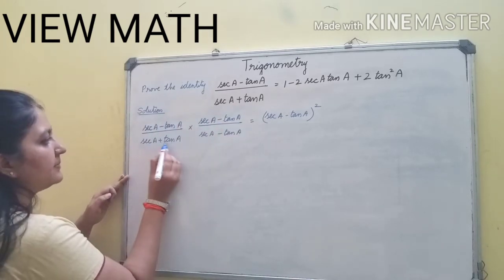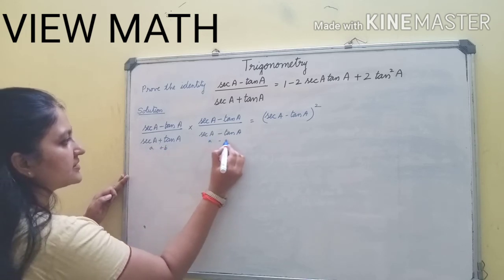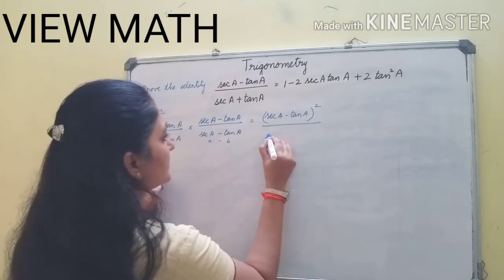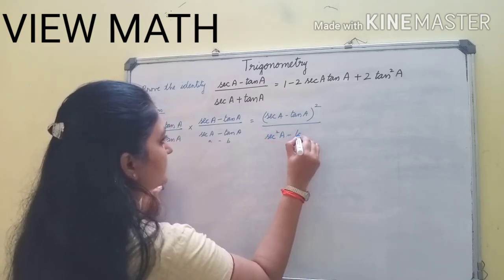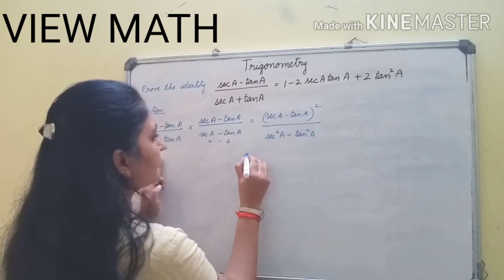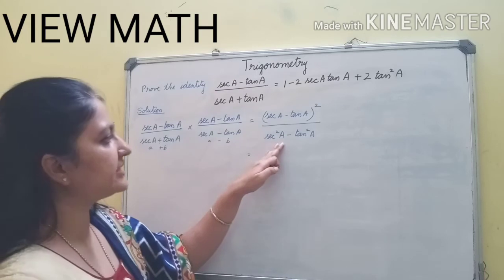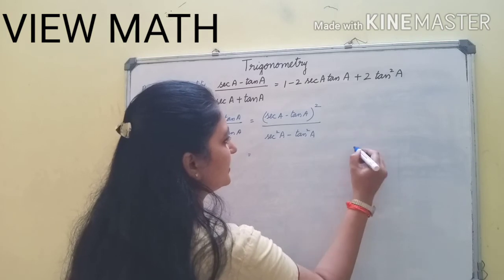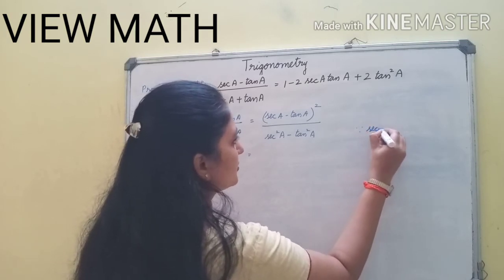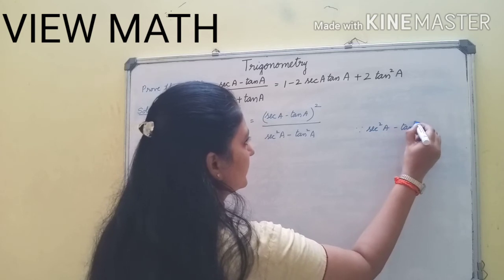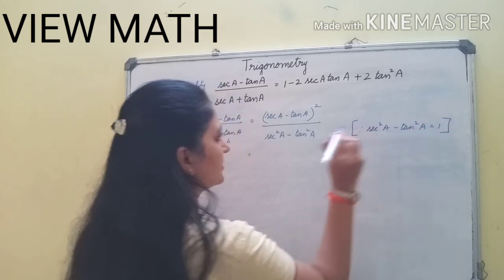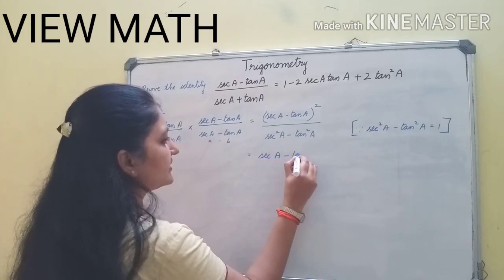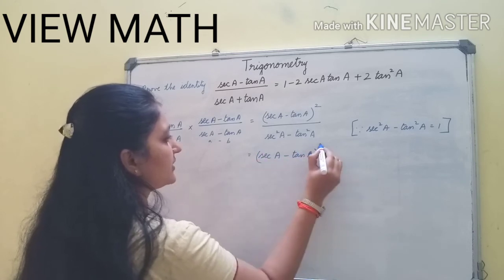Denominator you can see A plus B, A minus B, so the formula A square minus B square: secant square A minus tan square A. Now you know secant square A minus tan square A is 1, so the denominator is 1. You know this relation. Now the numerator will be left over: secant A minus tan A the whole square.